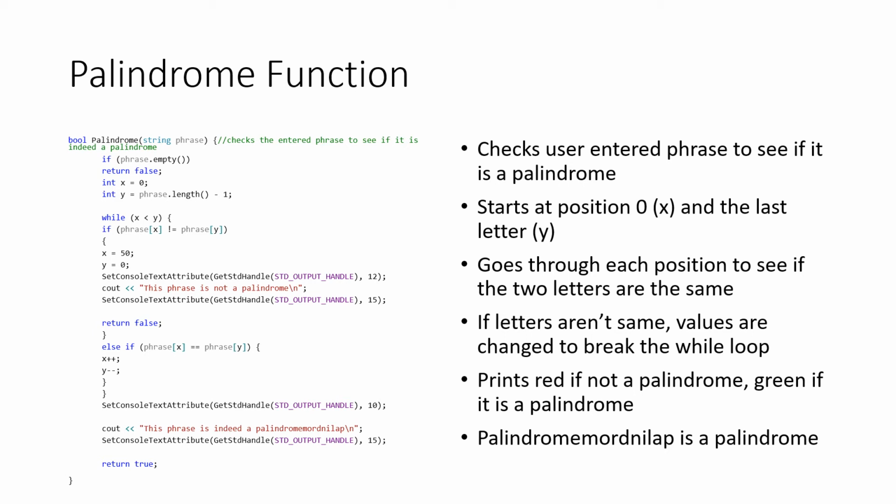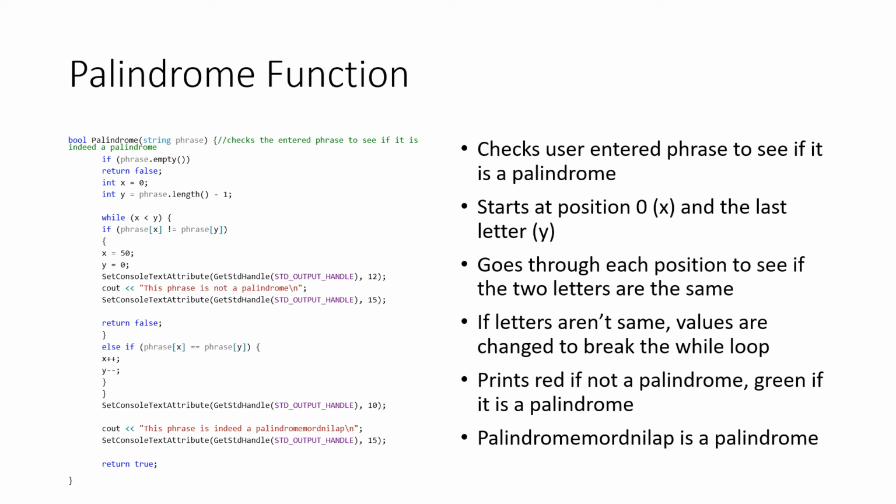If they're the same, then x will move forward one letter, and y will move back one letter, and compare them again. If at any point they're different, the values are changed so that x is greater than y, and it'll break the while loop. It'll print red, this is not a palindrome. If the values are the same all the way through, it'll print this is a palindrome, with palindrome written out in the form of palindrome.